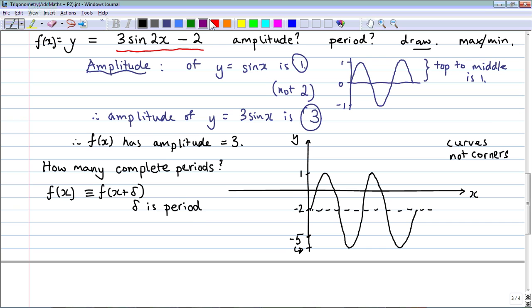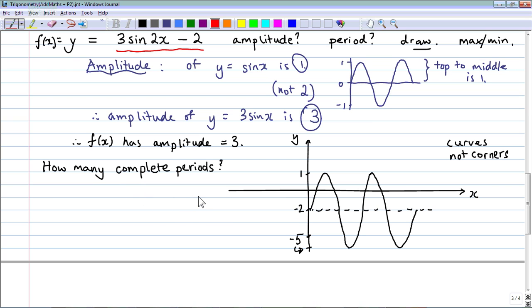Now notice here I used the identity symbol to represent the fact that it should be true for every value of x. So sine x has what period?